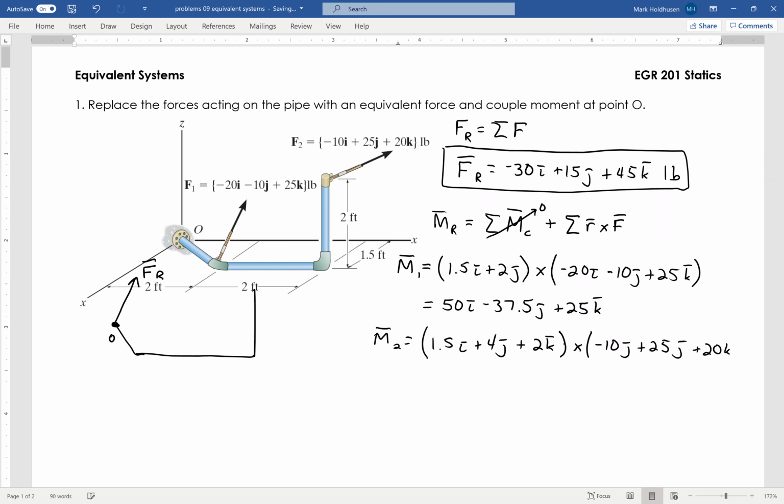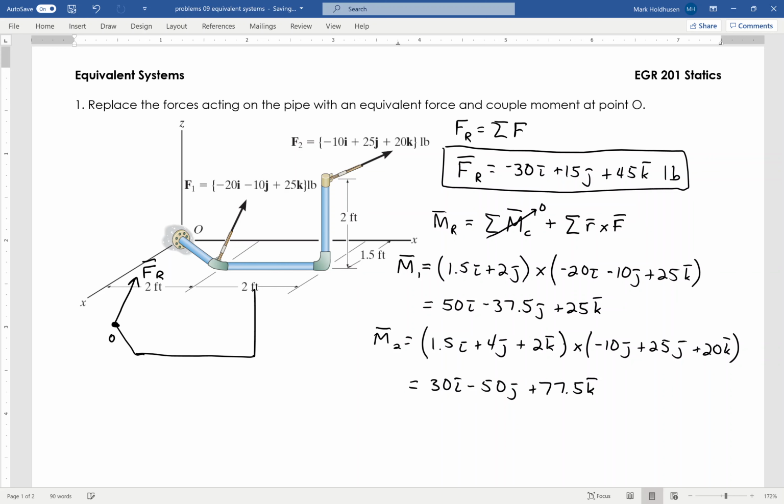So again, what I'm calculating here is the moment that F2 was creating about point O. That now I'm going to include as a couple moment because I've moved F2. It can't create that moment anymore because it's at point O, so I need to include that. So that cross product gives me 30i minus 50j plus 77.5k.